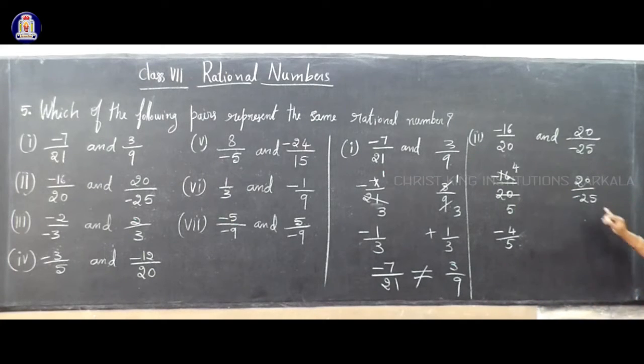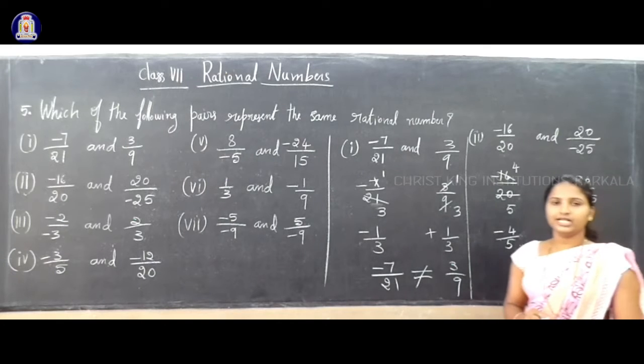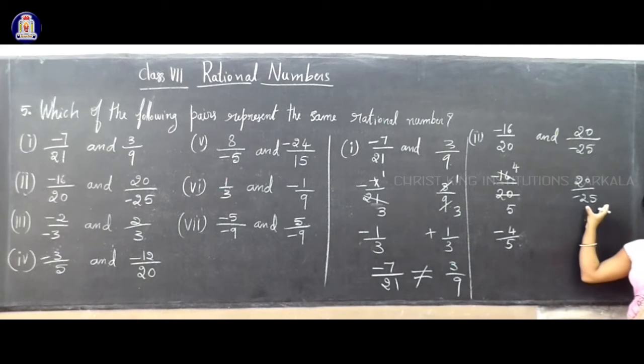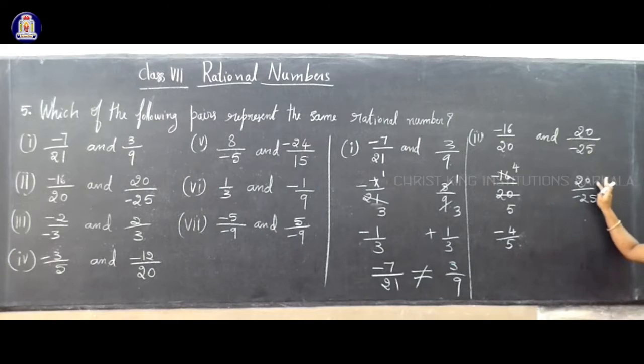So now the second rational number, that is 20 by minus 25. If you simplify, see the numerator and denominator. Numerator is 20 and denominator is minus 25. Both are divisible by the same table.